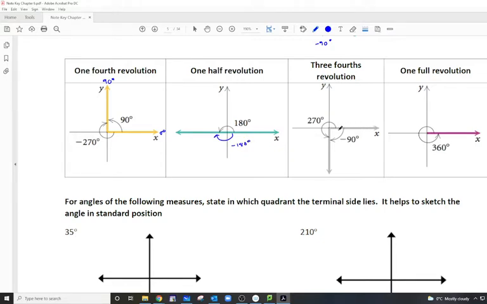Same thing here, if you had this angle, your terminal arm or side being straight down, right? If you read in a counterclockwise direction or a positive rotation, it would be 270 degrees. And if you read in a clockwise direction, it would just be negative 90 degrees. One full rotation, again, if you went counterclockwise, it would be positive 360 degrees. If we were to go clockwise, it would be negative 360 degrees.